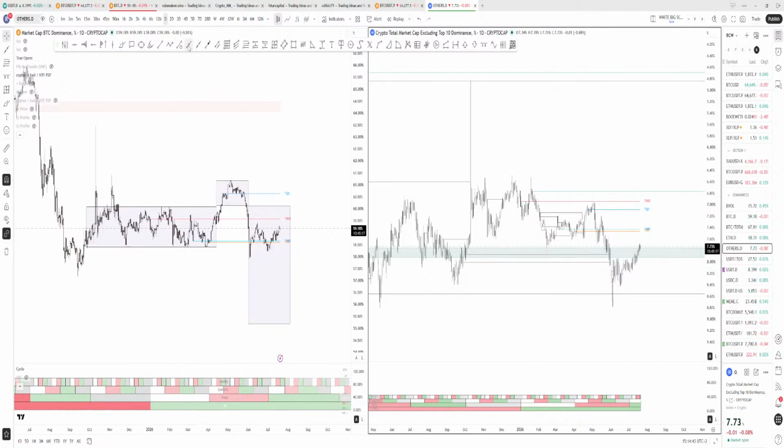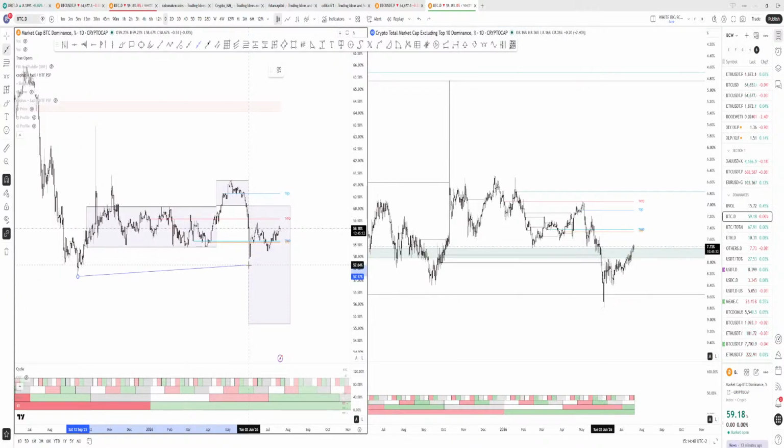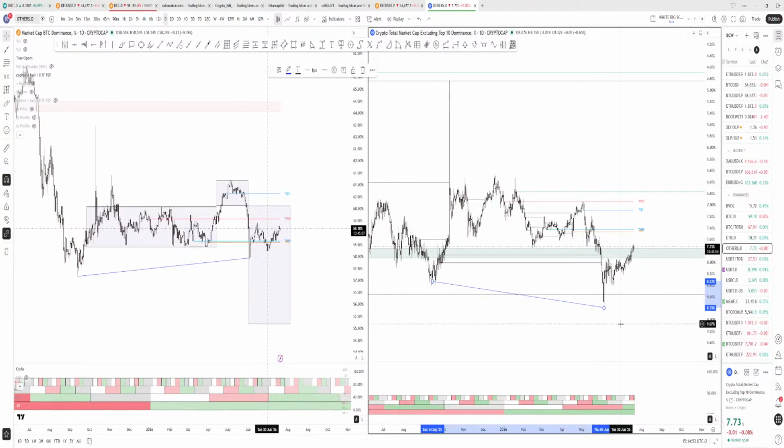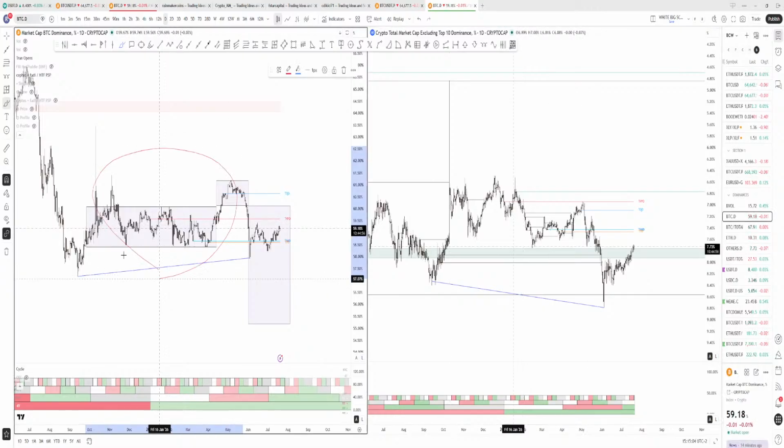And you can see there was a SMT up here. The reason why we need to flip others is that you would get different data and you wouldn't be able to find SMTs, because these are opposing. Others go up when Bitcoin dominance goes down, so you need to flip one of the charts.